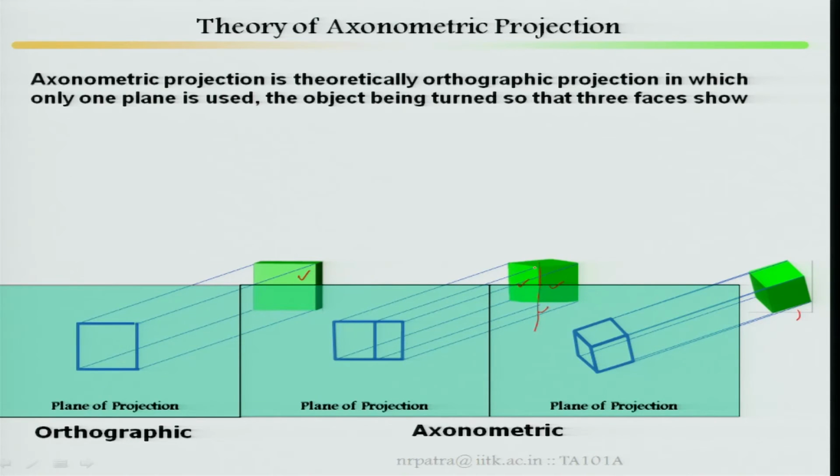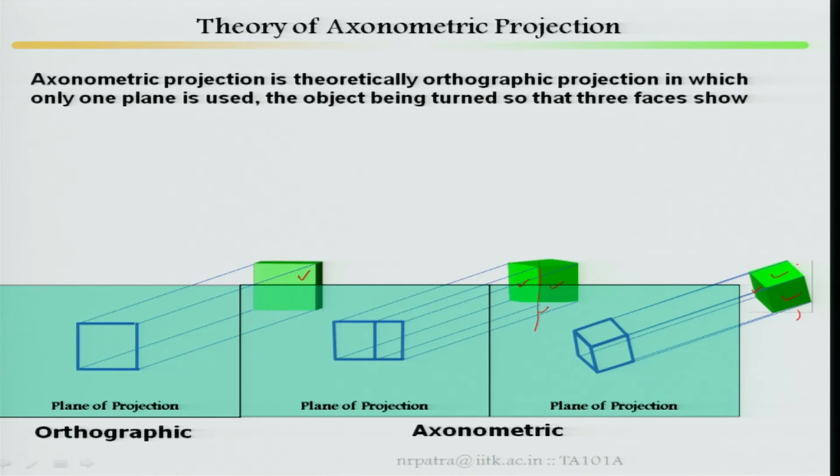Here I rotate it with respect to your side view. With this axis it has been slightly tilted. Then what happened? This face I can see, this face I can see, and predominantly the top surface also I can see. Now I bring the plane of projection back, how does the projection look? Orthographic, only one face.